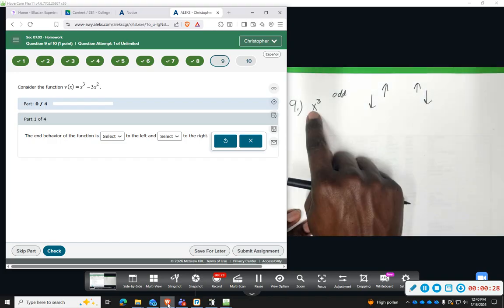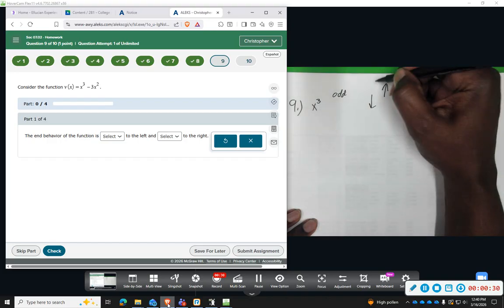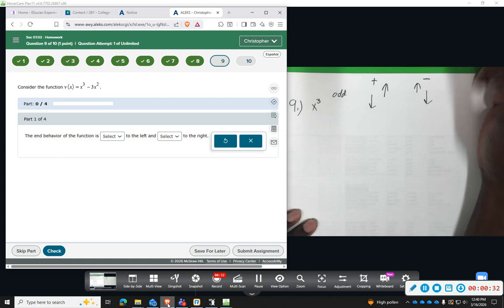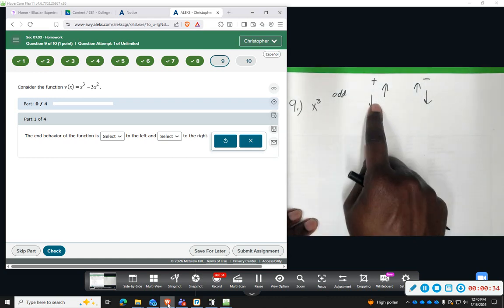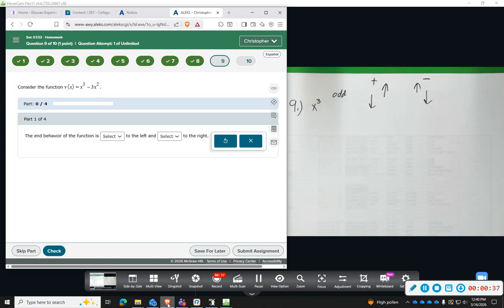That also depends on the sign. This is odd and positive, so our end behavior will be down on the left, up on the right.